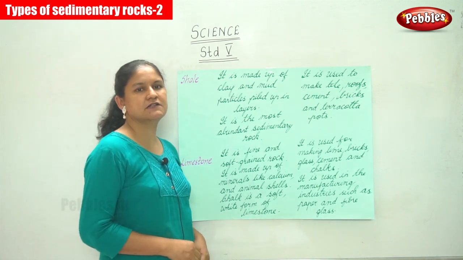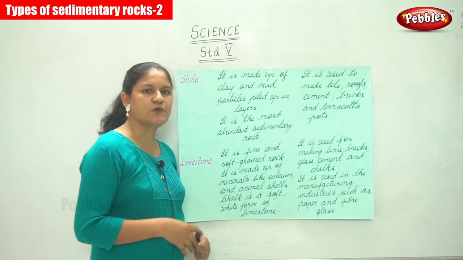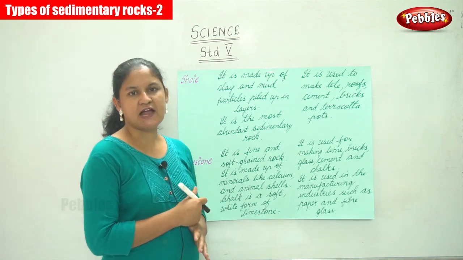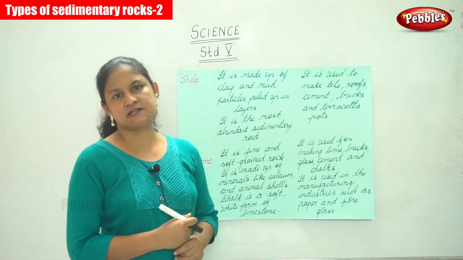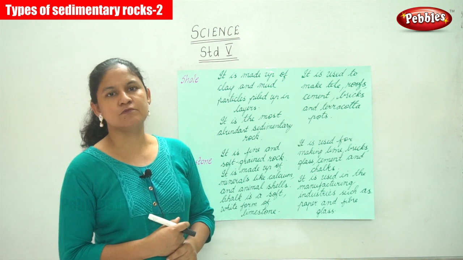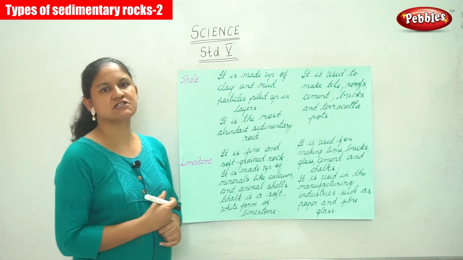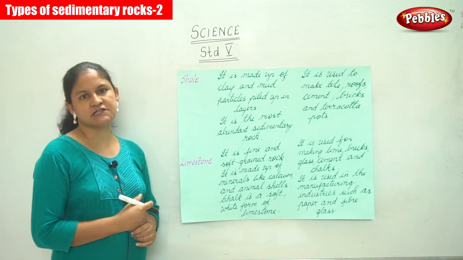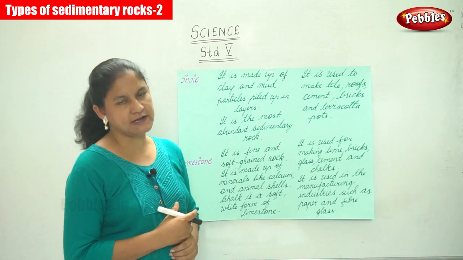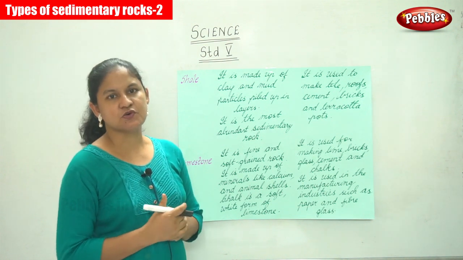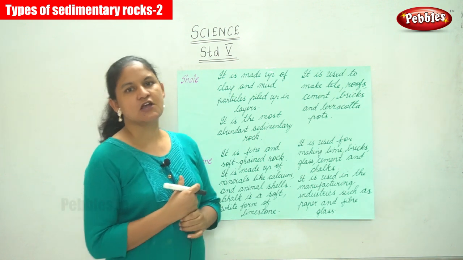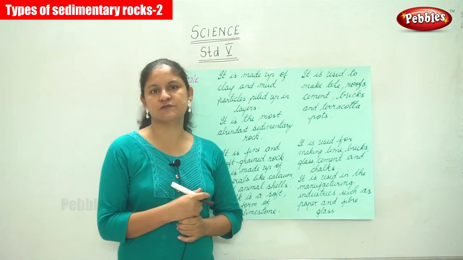So we've seen the most important type of sedimentary rock, that is your sandstone and conglomerate. The sandstone is a soft stone and it is formed by the accumulation of sand particles that are cemented by minerals like silica, and the sandstone is used for making monuments such as your Red Fort and Qutub Minar.